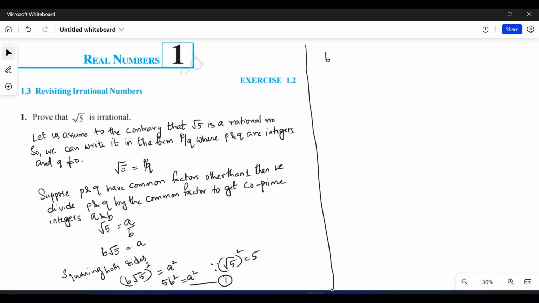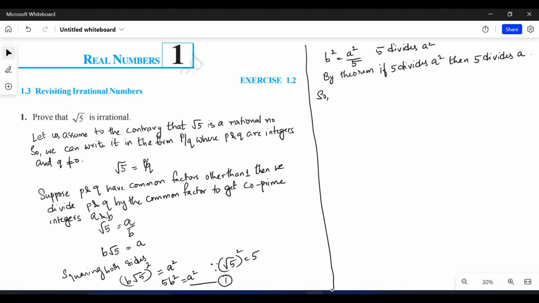Now we can say B square is equal to A square divided by 5, which means 5 divides A square. So by theorem, we know that if 5 divides A square, then 5 divides A as well.